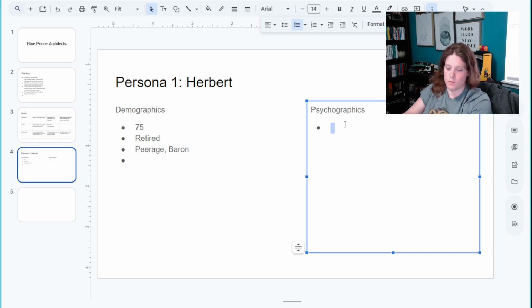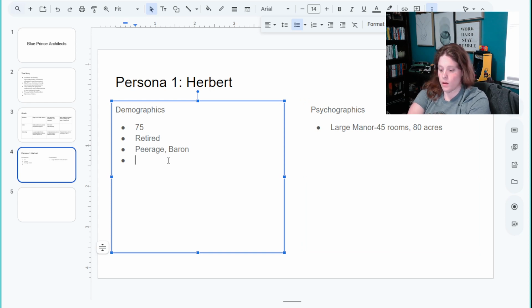I'll put this in psychographics. 45 rooms and 80 acres. Let's say with that, it's probably easy to say maybe it's like 100K. I'm probably undershooting that so much, but that's at least a good ground point.